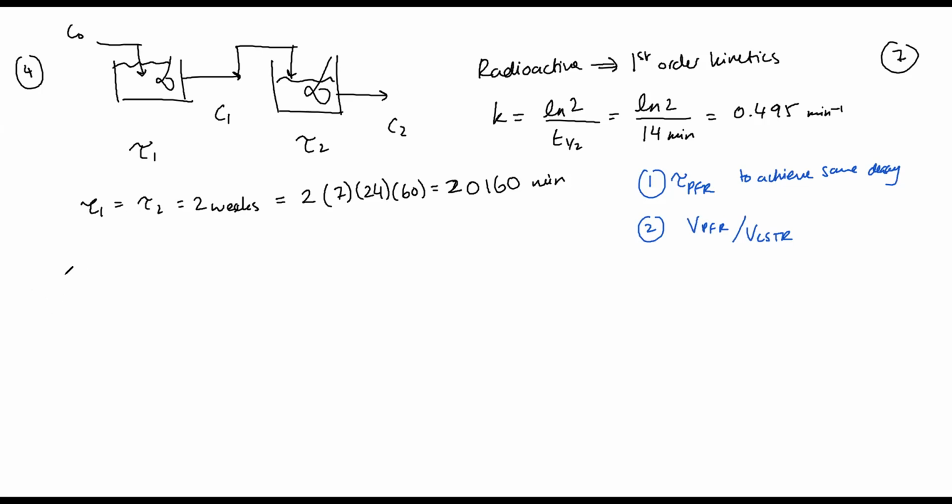So I'm going to use the same equation, which is what we said: CA naught over CA final is equal to 1 plus K tau I to the N. And in this case, using C naught notation at the top here, this will be C naught over C2 is equal to 1 plus K, and tau I is 20160, all of this to the power of 2.